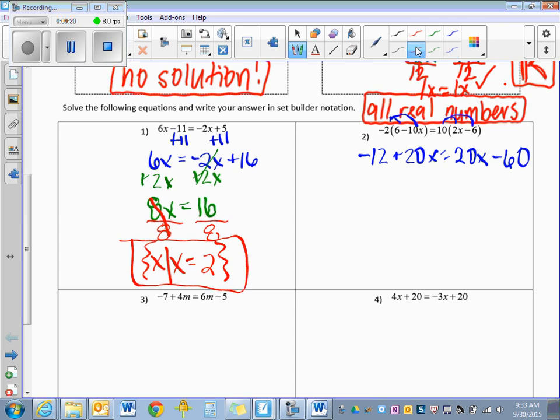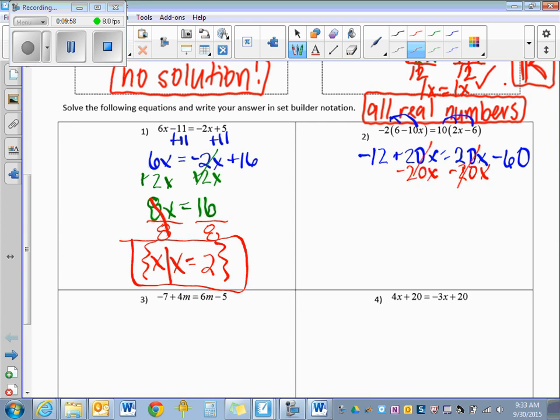What should we do next? Pick a number that's actually up there, please. Yeah, let's get the x's together. Now notice we have to cross the equal sign. So what do we have to do when we're crossing the equal sign? Well, it's currently positive. What's the opposite of adding? Right, so since it's currently positive 20x, we have to subtract 20x.